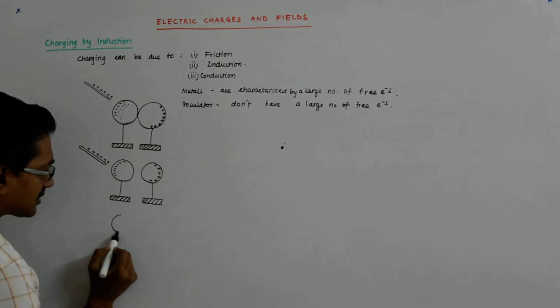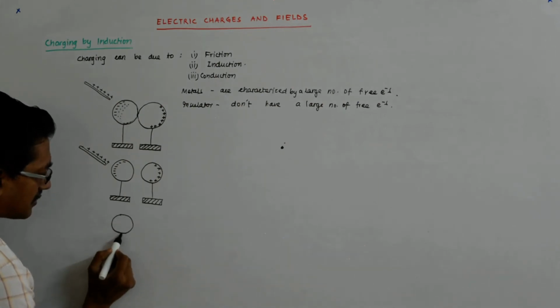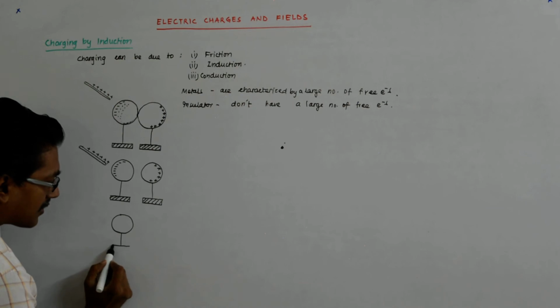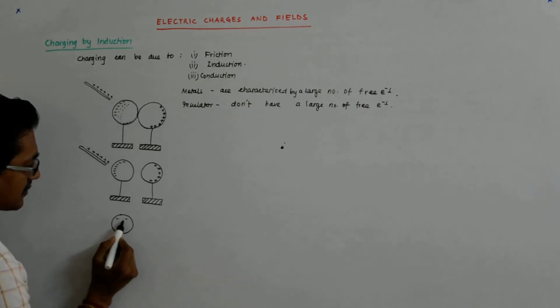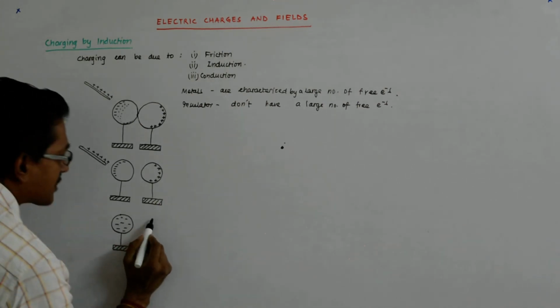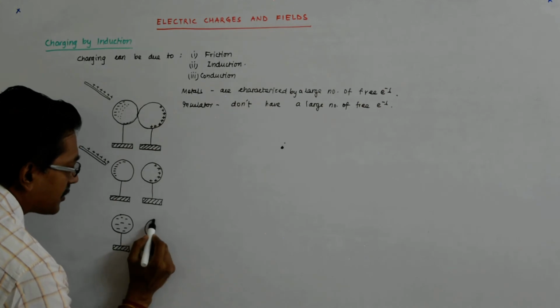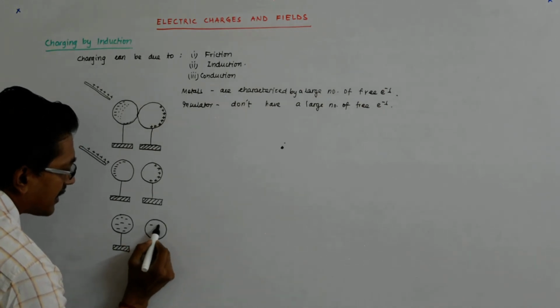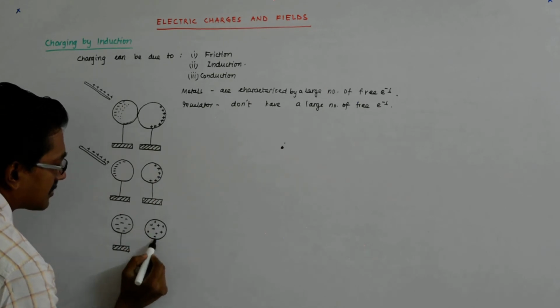So what happens? This negative charge gets uniformly distributed, and this becomes positively charged.